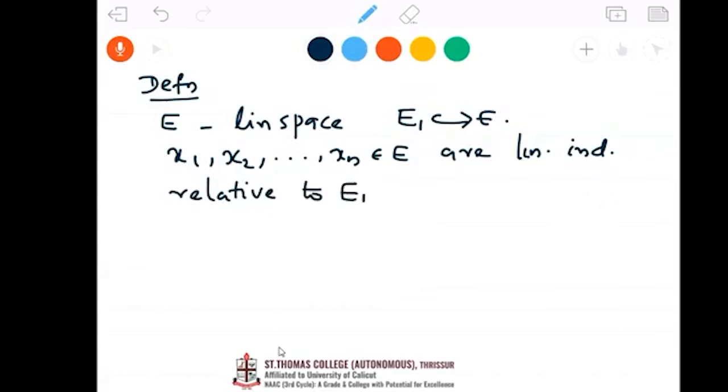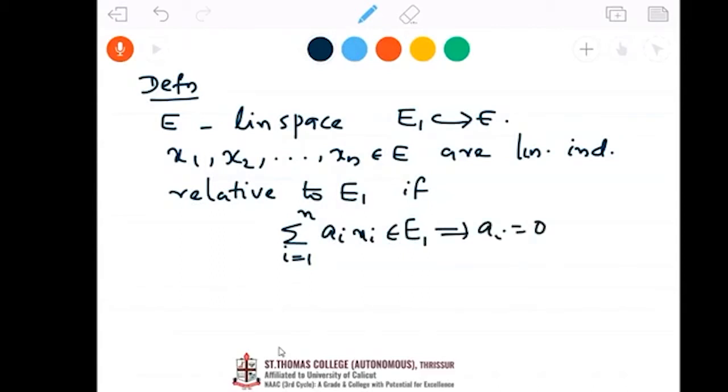We have already defined what linear independence is. Here it is linearly independent relative to E1 if summation i equal to 1 to n ai xi, an element of E1, implies all the scalars ai are 0.